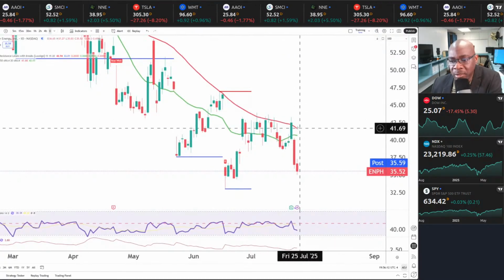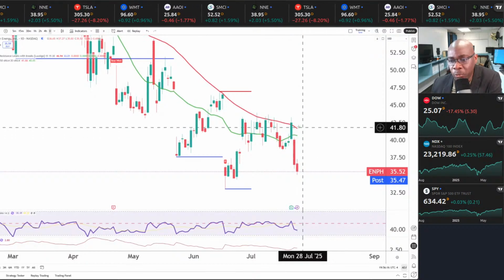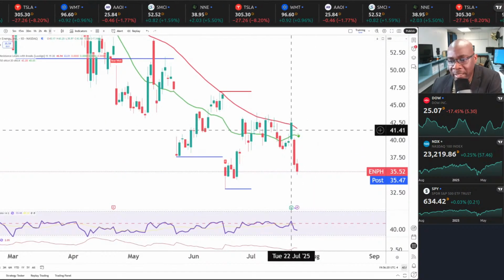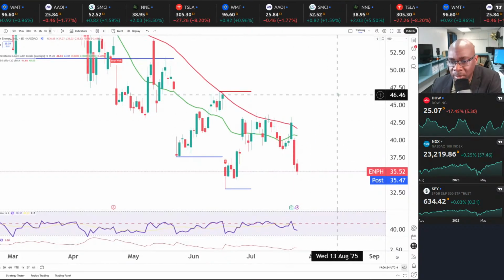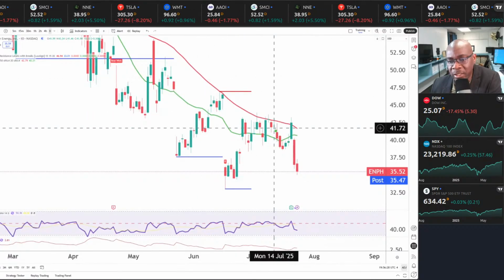But right here, we can see where they're coming closer together, like they're about to touch and cross over. Once there's a crossover and the green line is on top and the red line is at the bottom and starts to point up, that lets me know that we're at the beginning of an uptrend. Right now the stock is clearly in a downtrend just by looking at it.